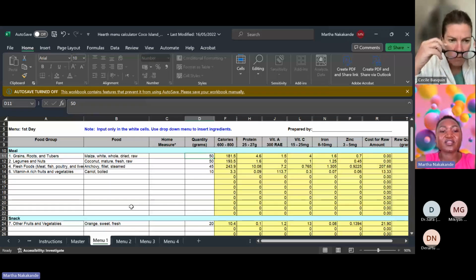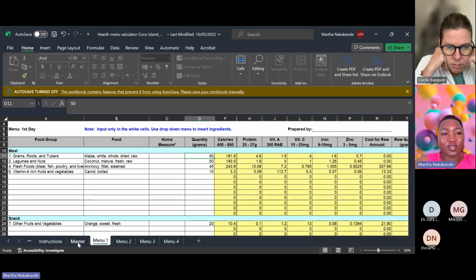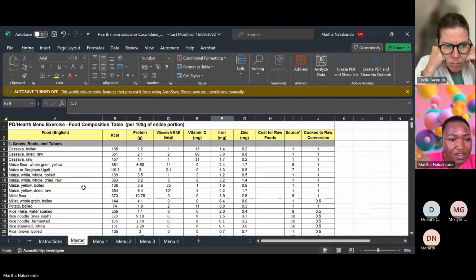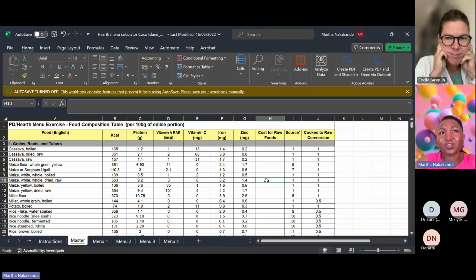If we had put, for example, if we know the cost of 100 grams of the maize, I have to go back here and look for that maize. We used the one in column 10. This is really very hypothetical, but you have to calculate it. So let's say that 100 grams of that maize costs how many birr?